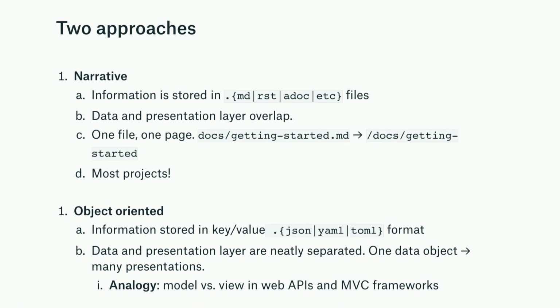This is where you store certain forms of data, let's just call them objects, in some kind of key value format. So this could be JSON or YAML or TOML. In this format, the data and the presentation layer are neatly separated. So you have some kind of data source that you can write and update independently from how it looks. So there's no one file, one page system.